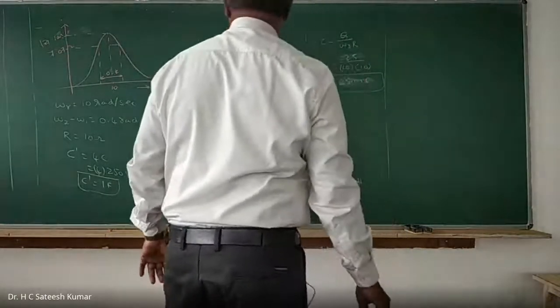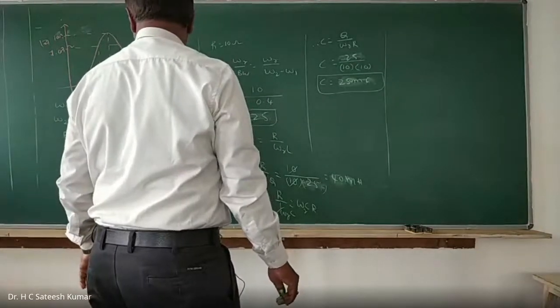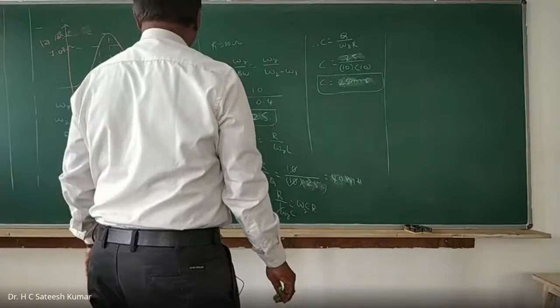So now we have to go for the increased C value. How will you calculate that?